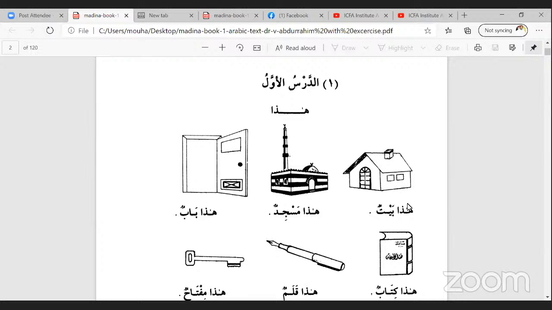The meaning cannot be completed except if it is linked with another word, such as min, from, ila, to, from where, ila, to where. So those prepositions are harf in Arabic.